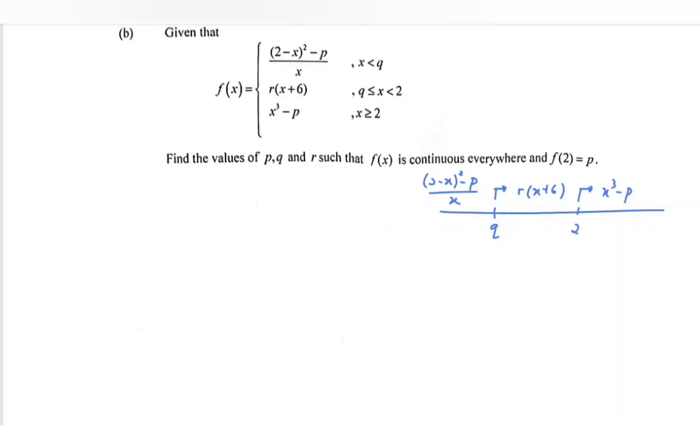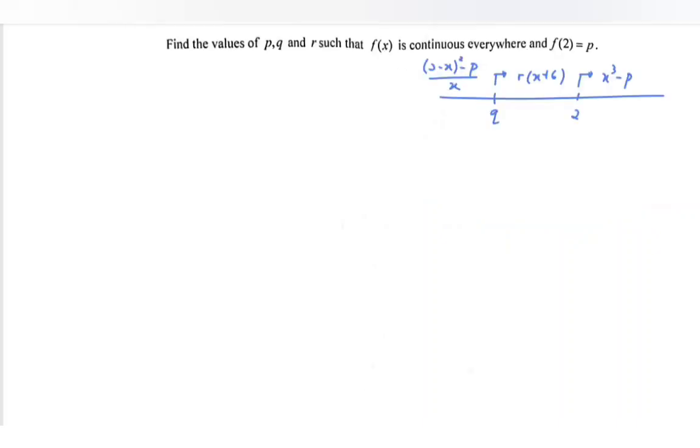Kindly refer to the question. Find the value of p, q and also r such that f is continuous everywhere, and we have f(2) equals p. Now we are focusing on q.